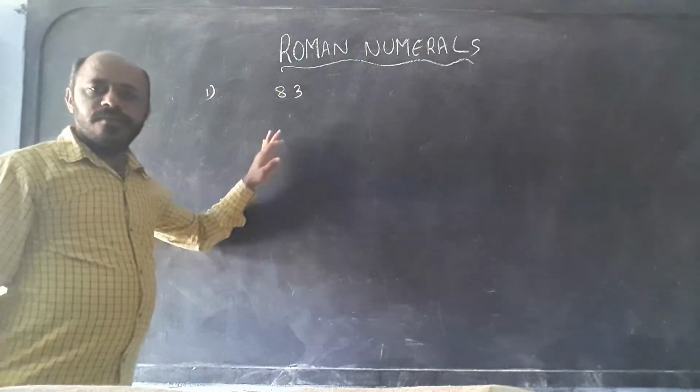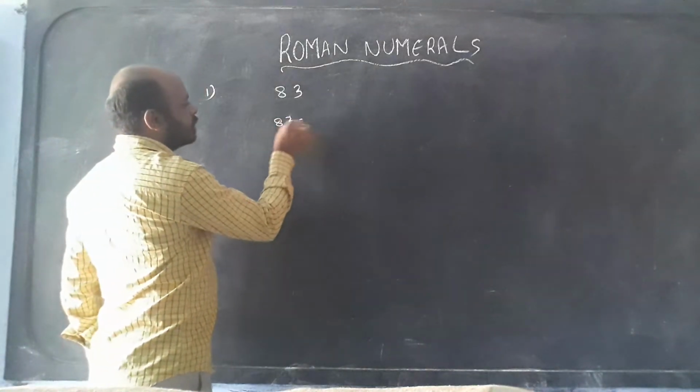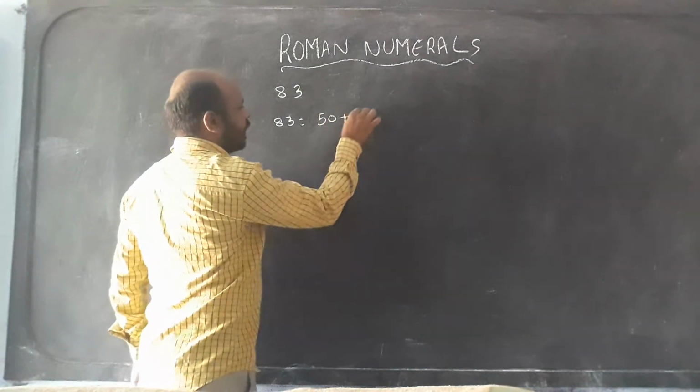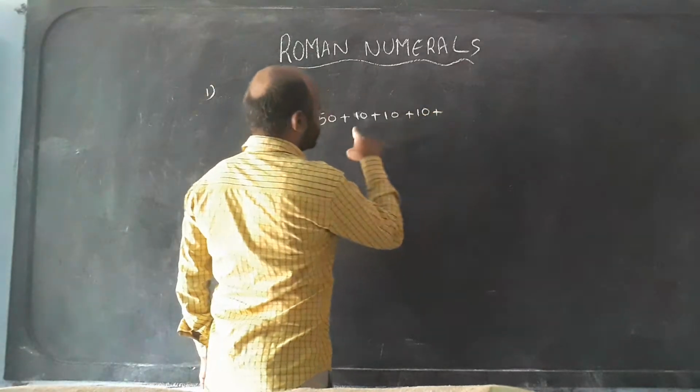See children, first for example, 83. How to write 83? First, the Roman numeral for 50, then 10 plus 10 plus 10, plus this 3.